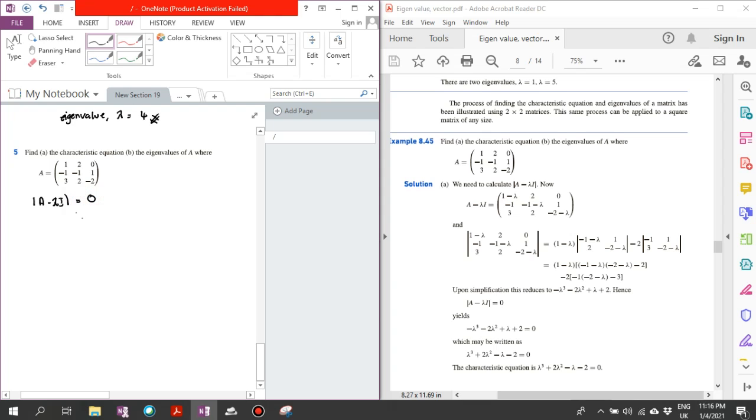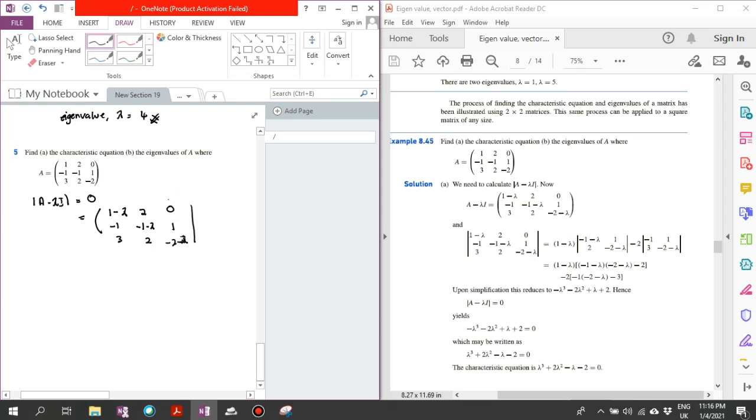So you can change this matrix by putting in the lambda: 1 minus lambda, 2, 0, then negative 1, minus 1 minus lambda, 1, then 3, 2, negative 2 minus lambda.